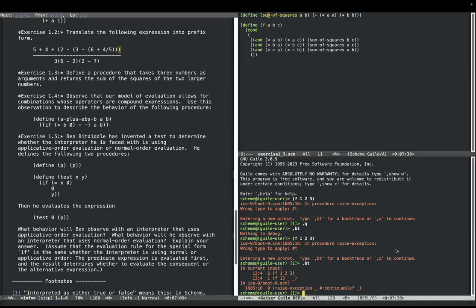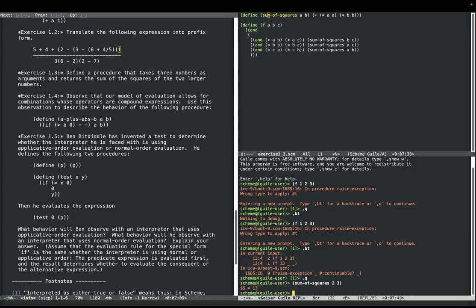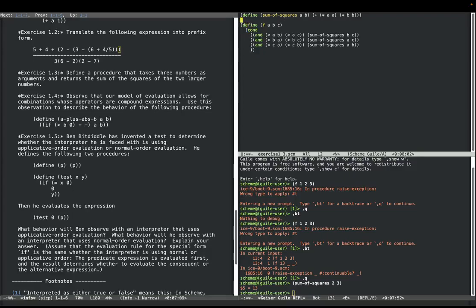Let's try just doing sum of. Does this have auto completion? Yes. Sum of squares of 2 and 3. That works. So there's something wrong with the way my cond expression works. I think maybe we don't need to put the pairs inside of a list. It's just like that.